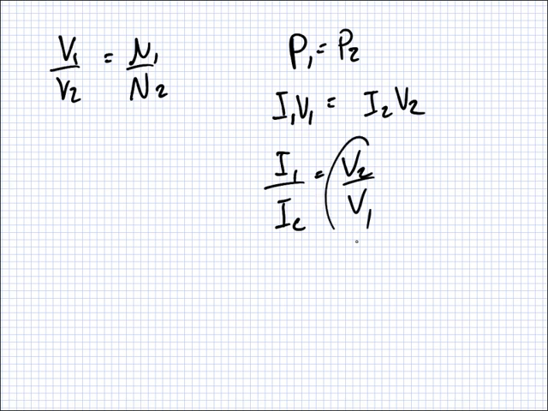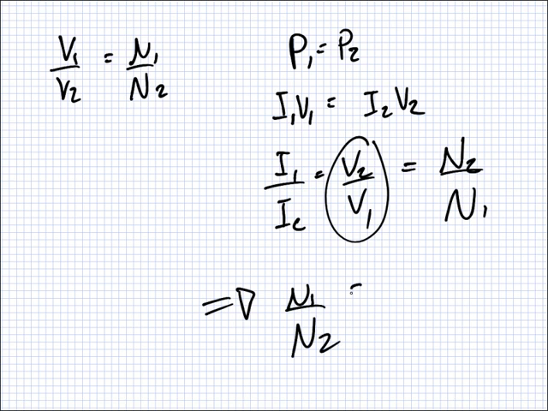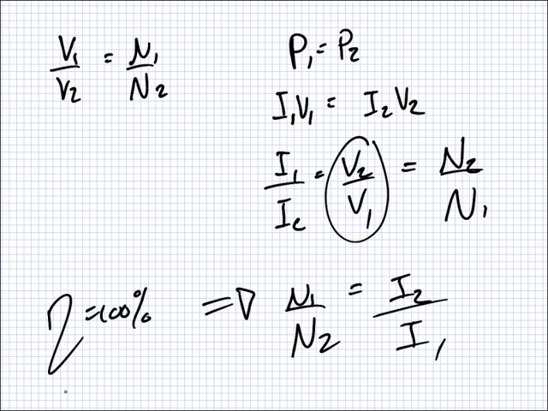But that's going to equal N2 over N1. So you can also make this formula N1 over N2 equals I2 over I1. But remember, that's only if it's 100% efficient.